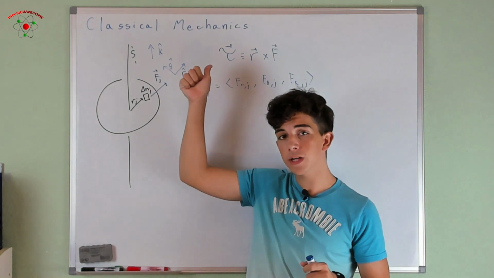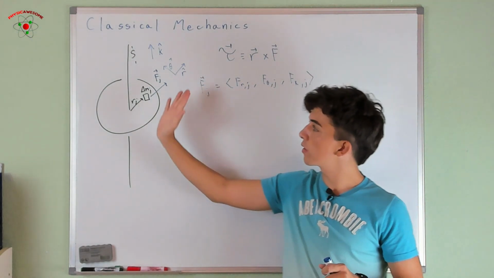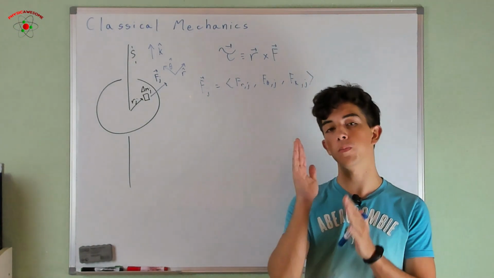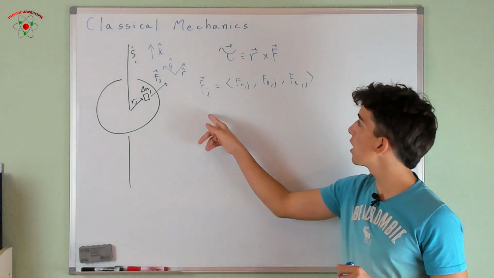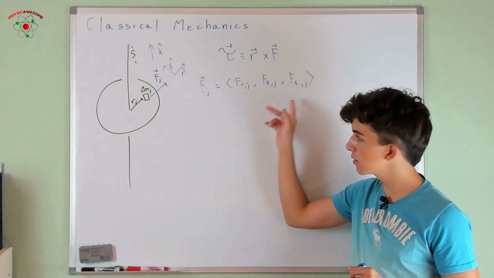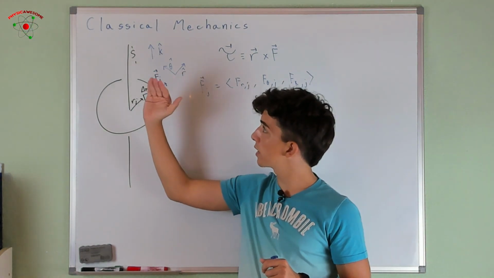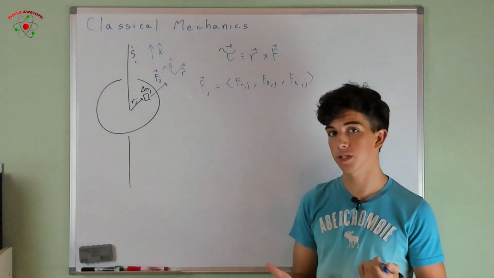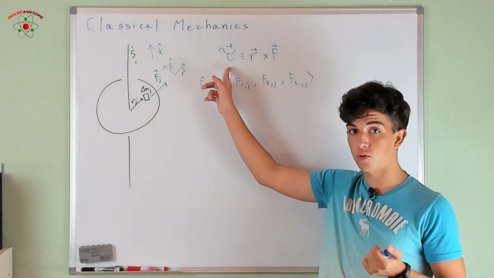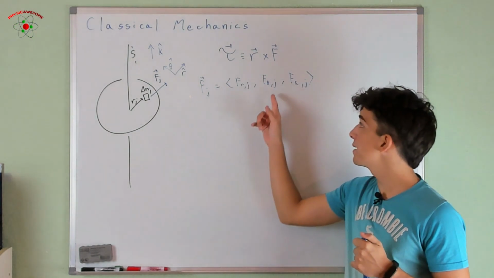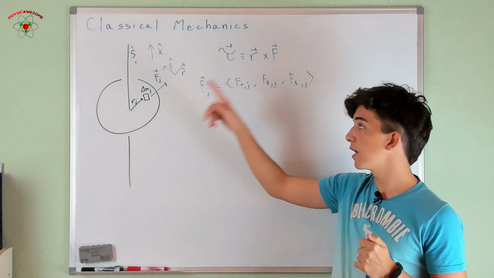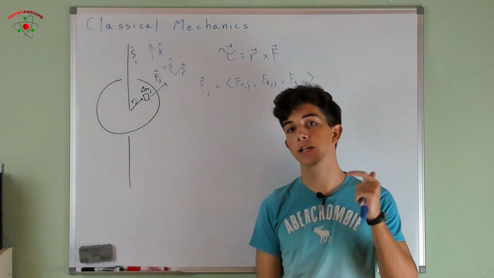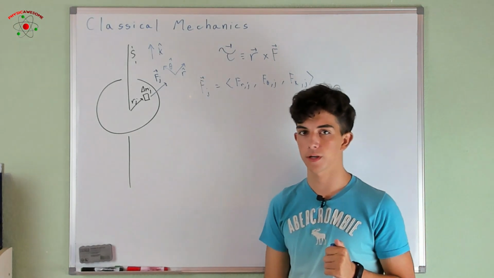In the r hat direction, r hat with r hat is going to give us 0, because it's the cross product of two parallel vectors. R hat with k hat is going to give us a minus theta hat direction, which is not the direction of torque we are looking for. But r hat and theta hat are going to give us a k hat direction, and that is what we are looking to find.